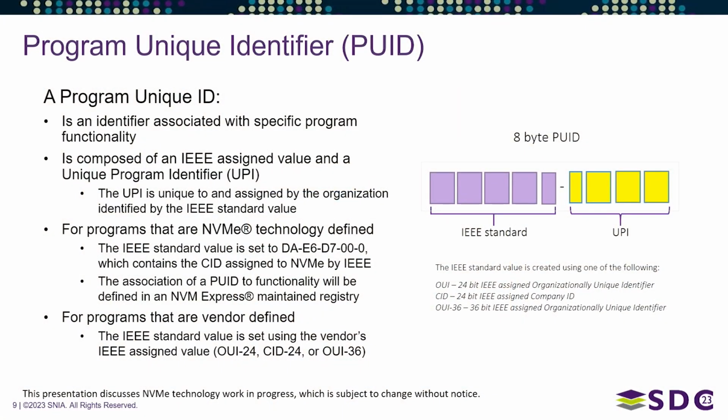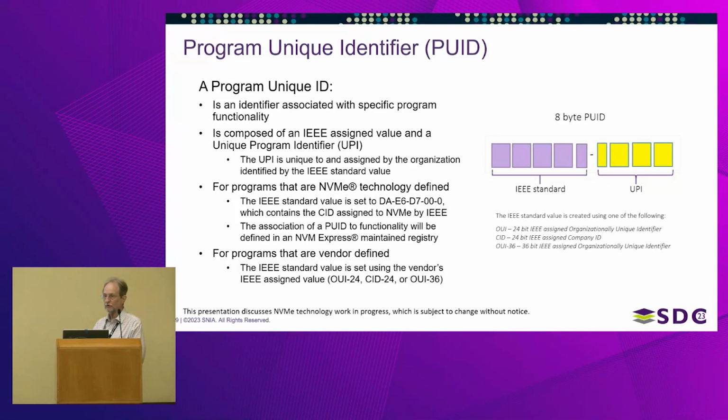So, program unique identifiers. This is a mechanism. We had a question in the last hour actually about how do we reference what a program does. A program unique identifier is an identifier that is associated with a specific program functionality. For example, if you have a specific compression algorithm, it would have a program unique identifier associated with it.